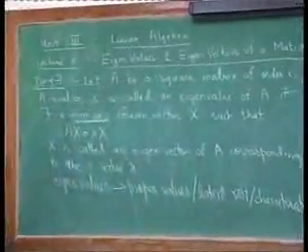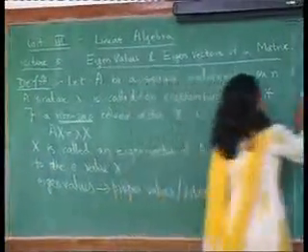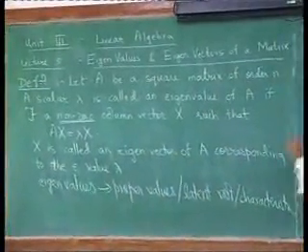So these are certain other names given to an eigenvalue of a matrix.